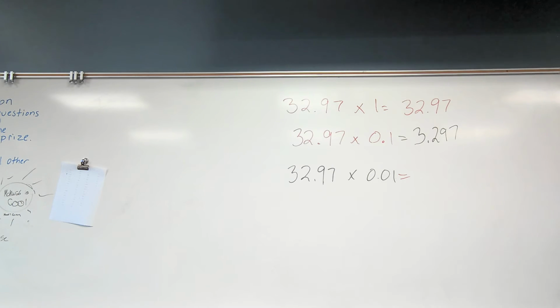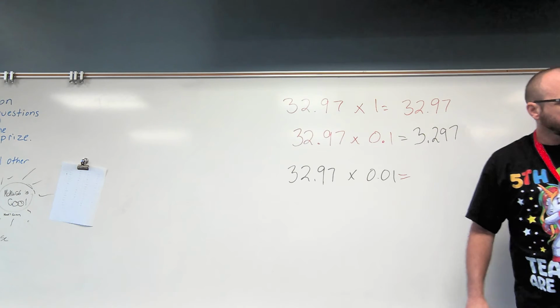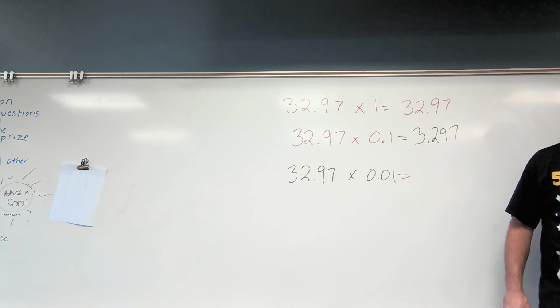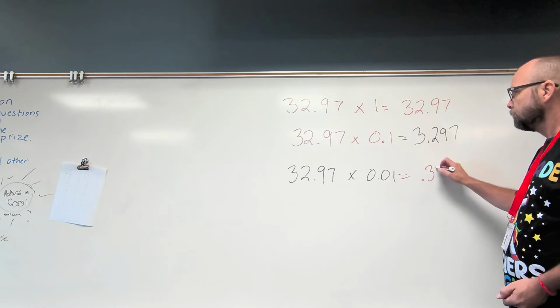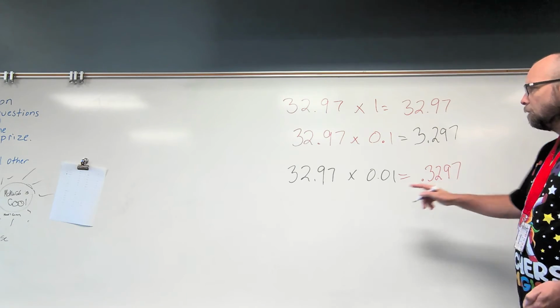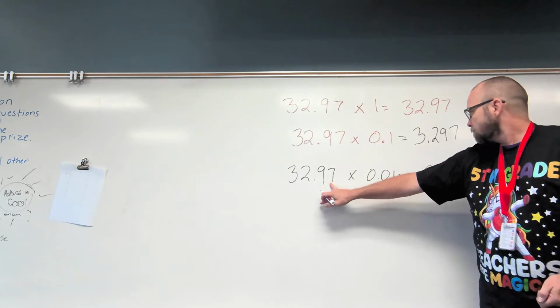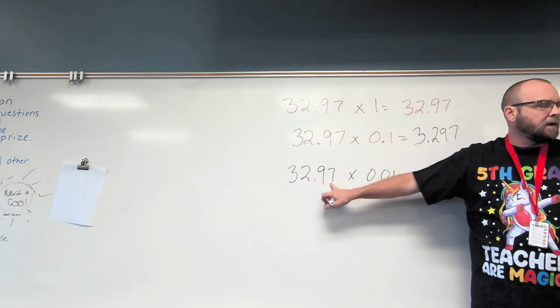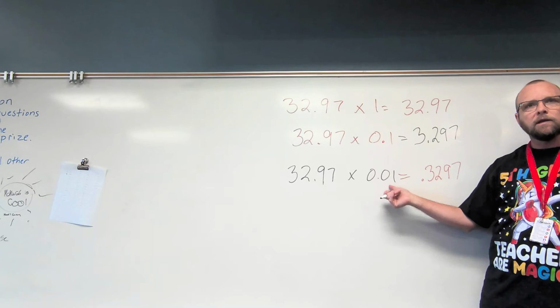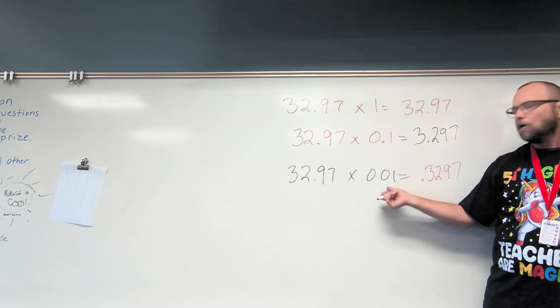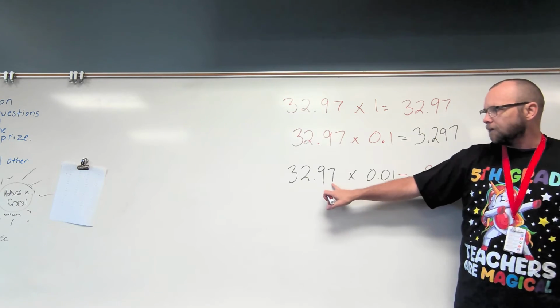You're gonna move the decimal place before the 3. Good. This 7 is in the hundreds place. I need to make it 100 times smaller. The value of it needs to be 1/100th of what it is.